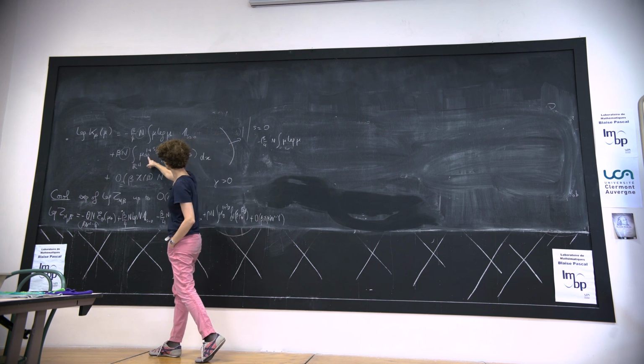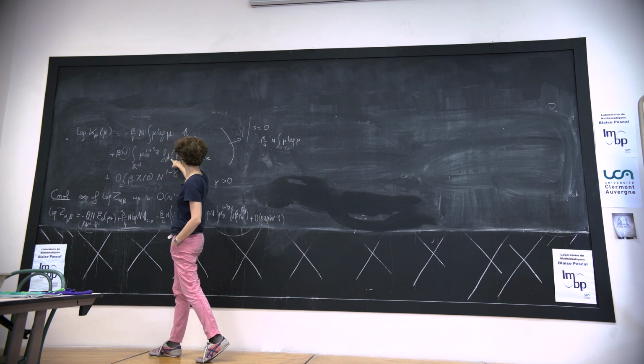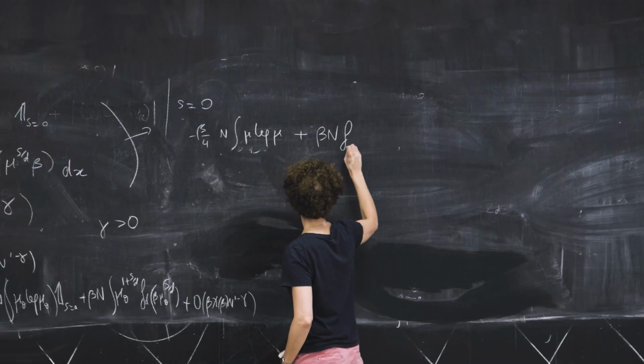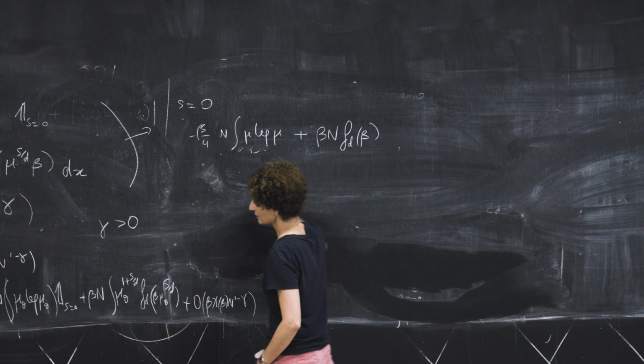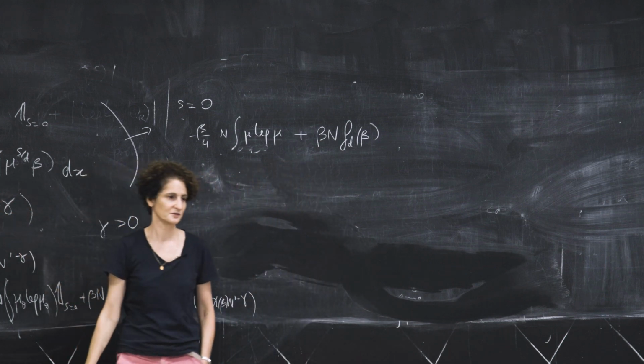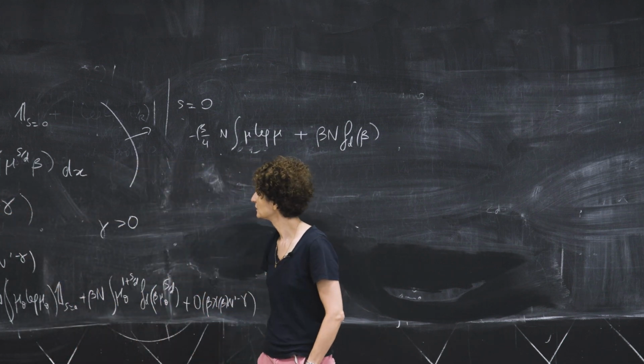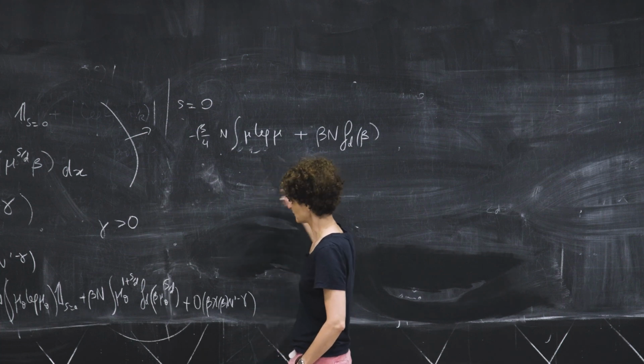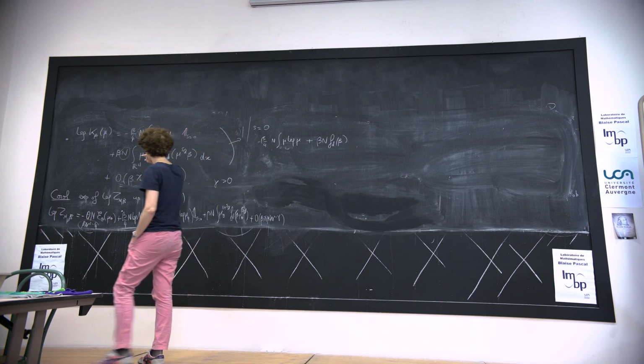And in this term you get 1 plus 0, so it's just the integral of mu times f of beta. So it's beta n f_d of beta. But mu integrates to a constant, right? So it's just this.